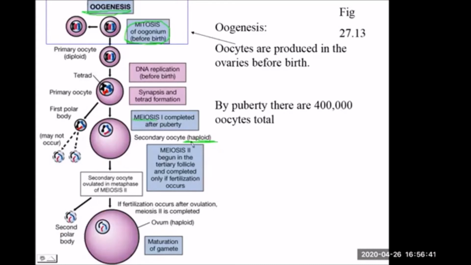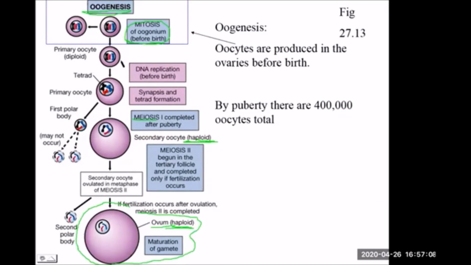We notice here that the largest size human cell produced is the female egg, the ovum. This haploid cell, once released out of the ovary, could possibly be fertilized by a sperm cell, bringing those two haploid sets of genes together.